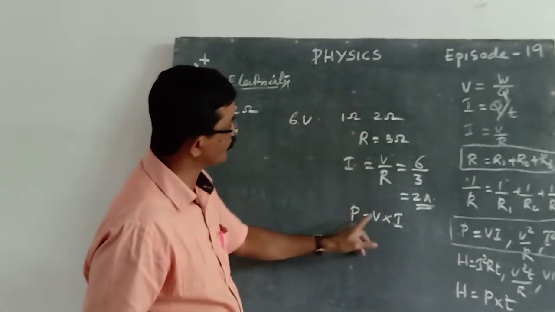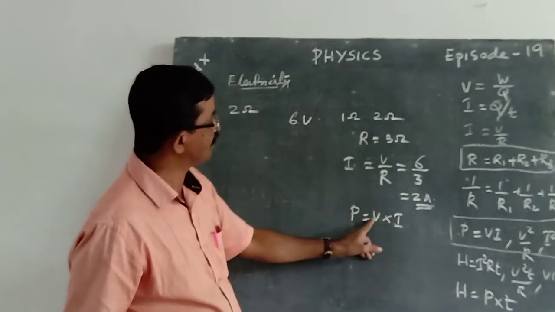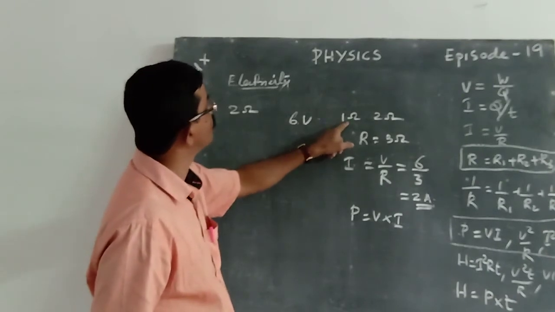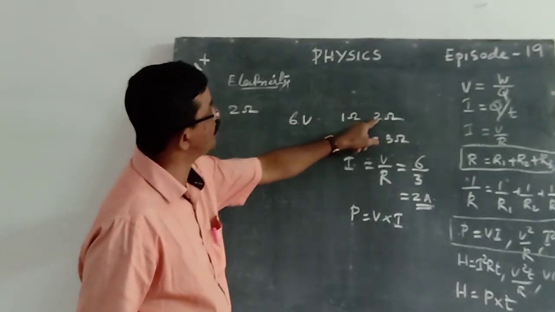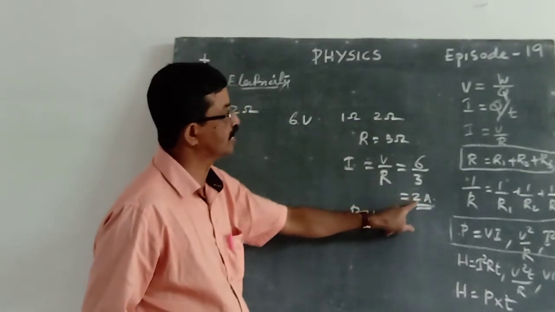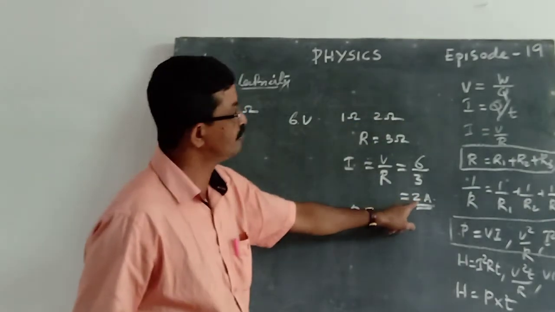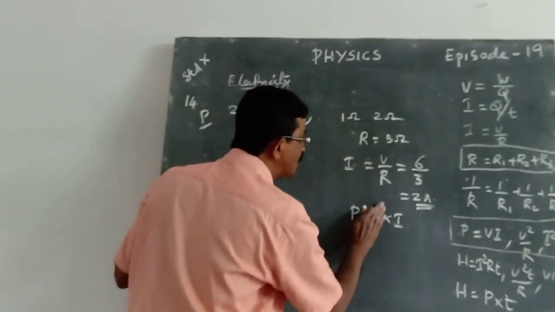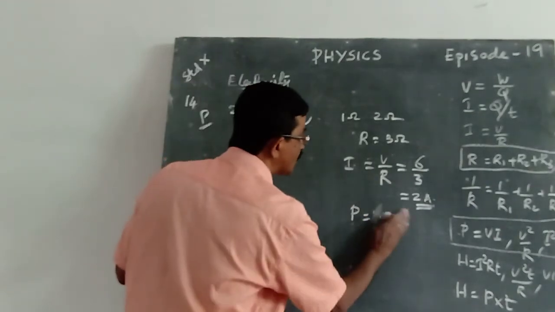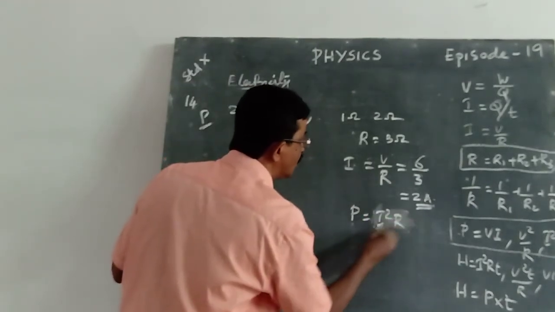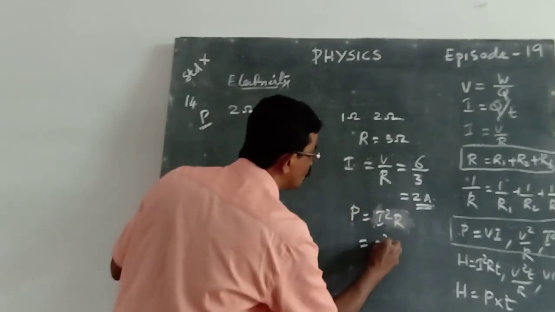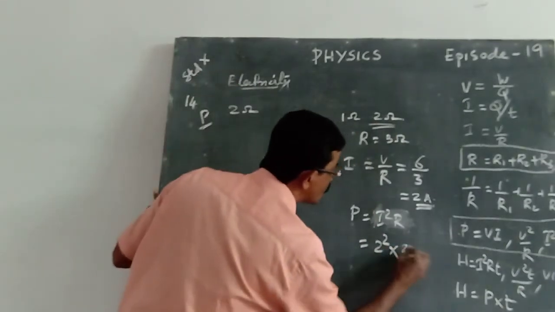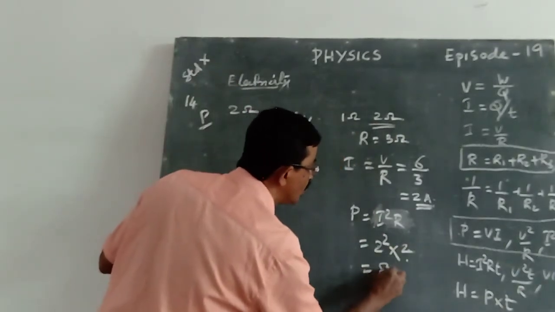This 6 volt is not across this one. But we know current and resistance, so by using this relation we can calculate the power. Instead of V we can use IR, so we use I square R. I is 2, so 2 square, times resistance 2. 2 square is 4, and 4 times 2 is 8 watt.